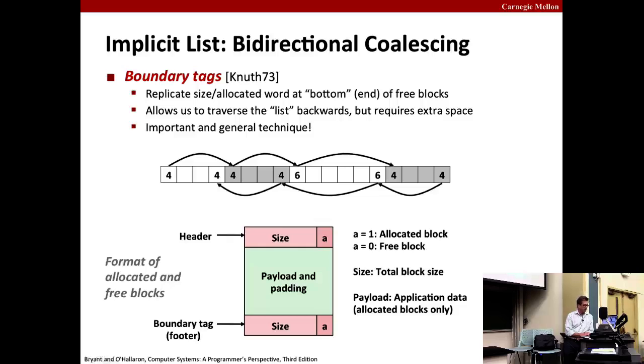That allows us to do this in constant time. This footer is sometimes called a boundary tag. Knuth called it a boundary tag, but we can call it a footer to parallel the notion of a header. The key thing is that it's identical, with the identical size and allocation status.